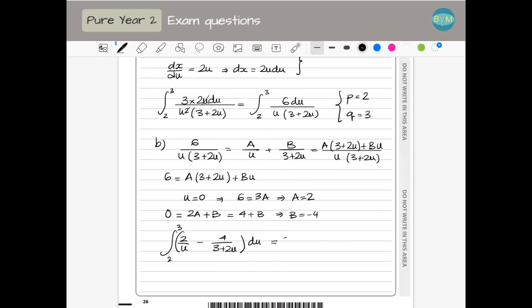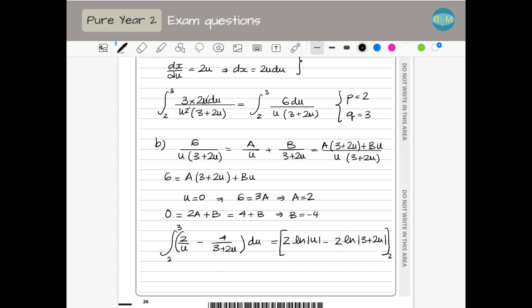So this is going to be 2 ln of u minus 4 ln of 3 plus 2u. But the derivative of this one is 2, so I have to divide this 4 by 2. This is going to be between 2 and 3.